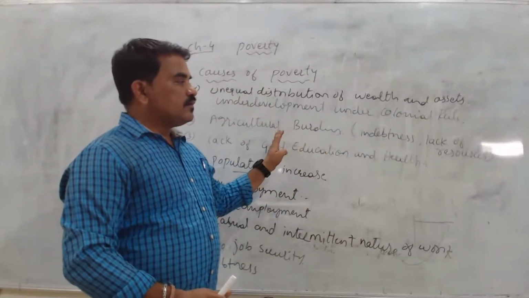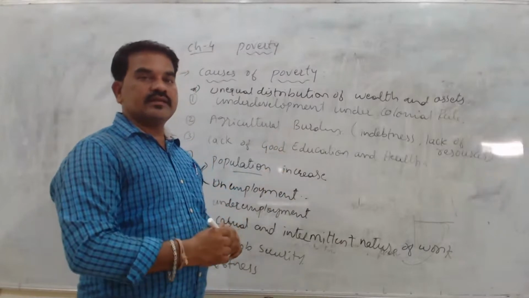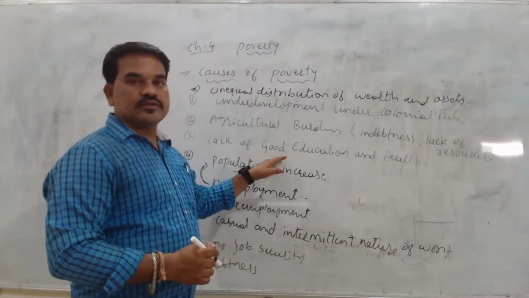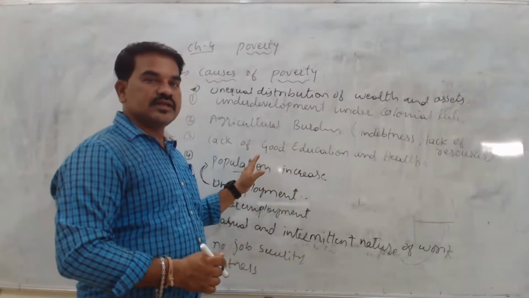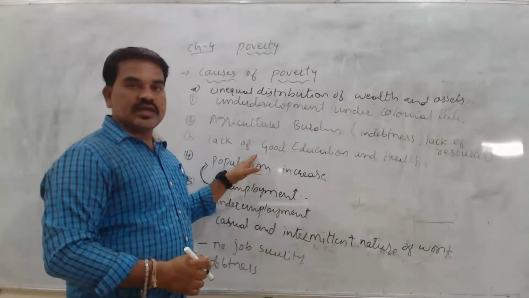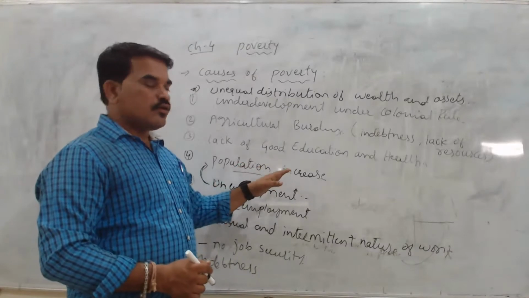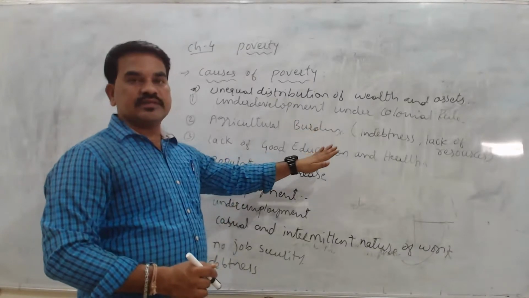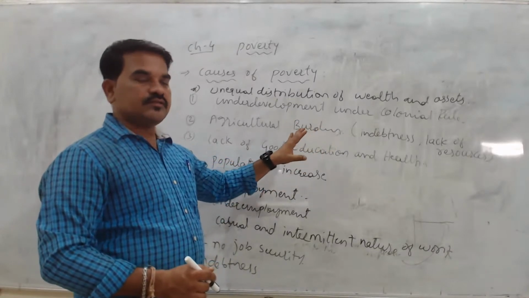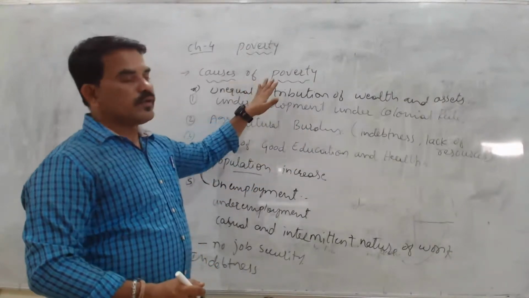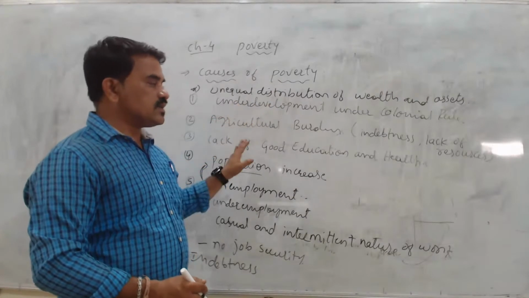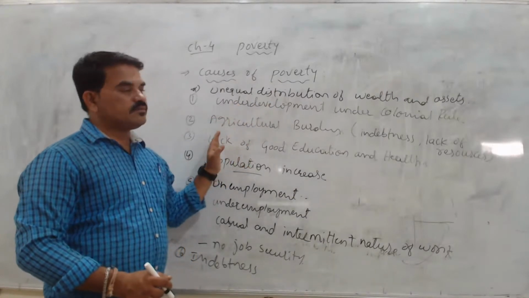We can check with them how they are leading their life, what their income sources are, what problems they are facing, how they are managing their financial needs, what about education, health, employment, and why they are doing that particular business. All those things will help us find the reasons, and we can understand the causes of poverty. So that is the assignment we can do to understand this better.